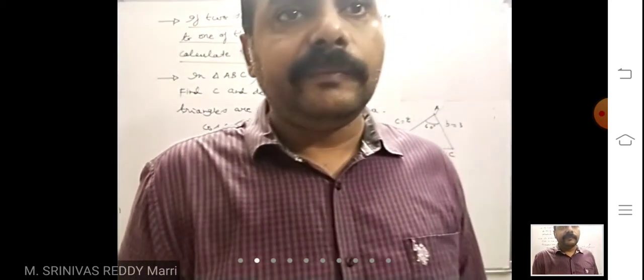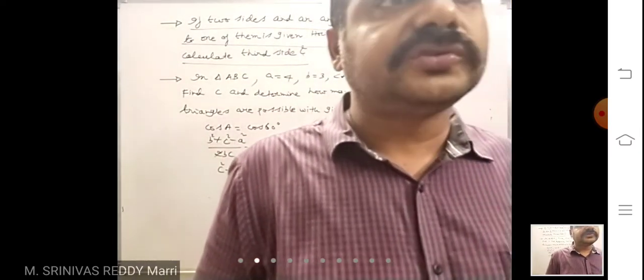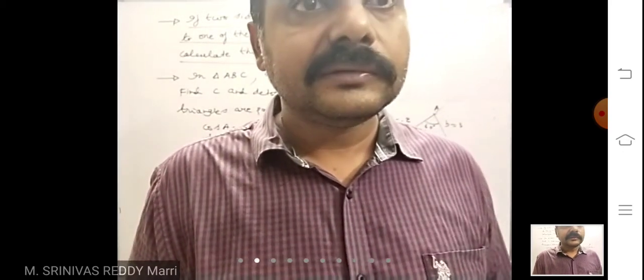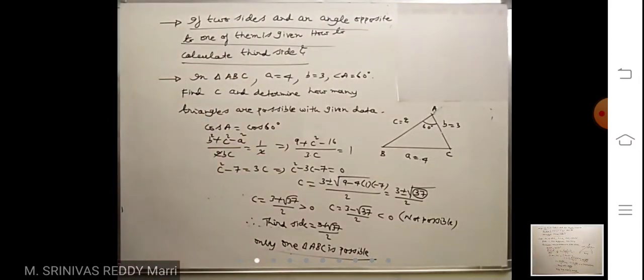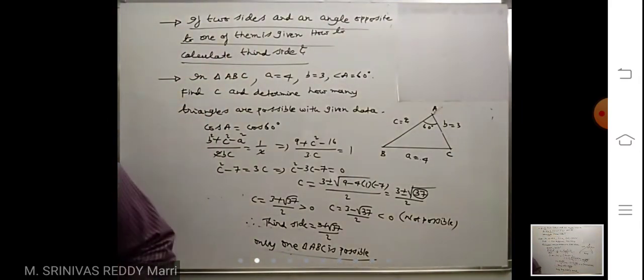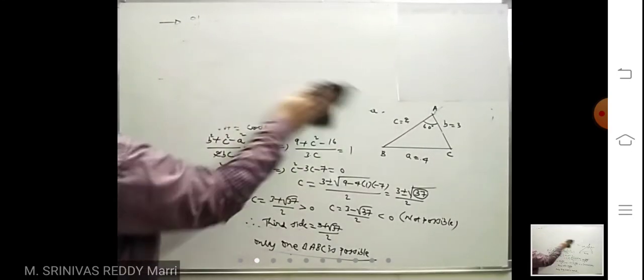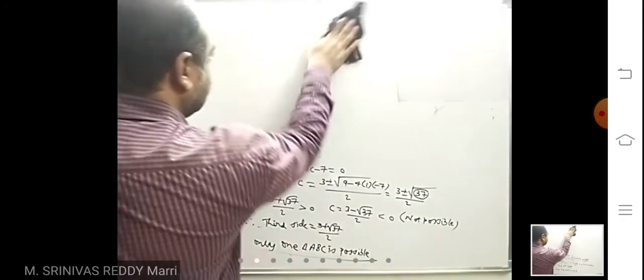At maximum you get two values of C, two roots only for a quadratic. Okay, unmute yourself.